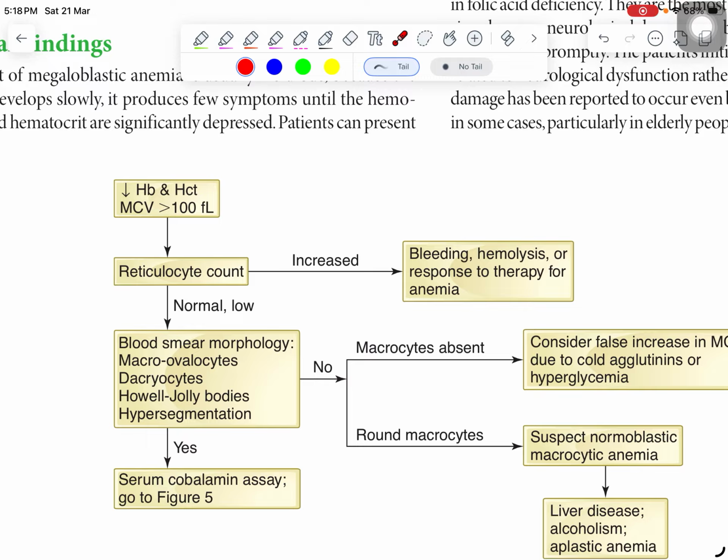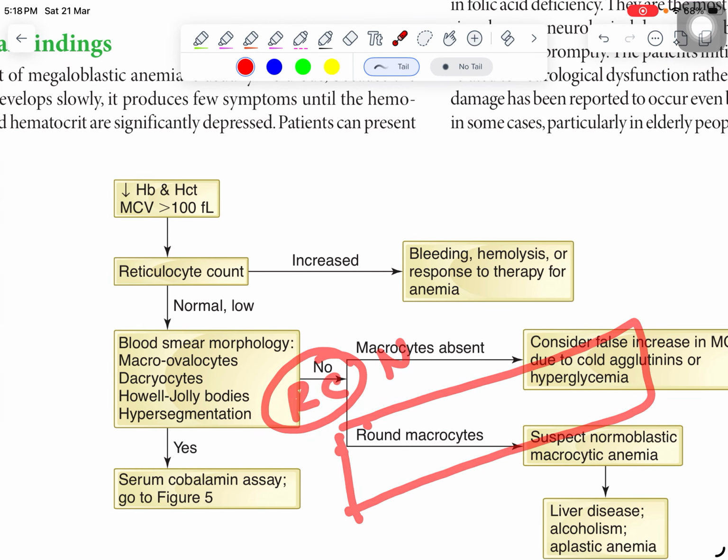If the reticulocyte count is normal and in the peripheral smear you see Howell-Jolly bodies, hypersegmented neutrophils, macroovalocytes, then you have to go for a serum cobalamin assay.